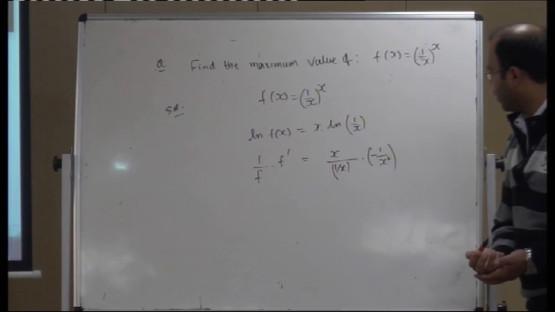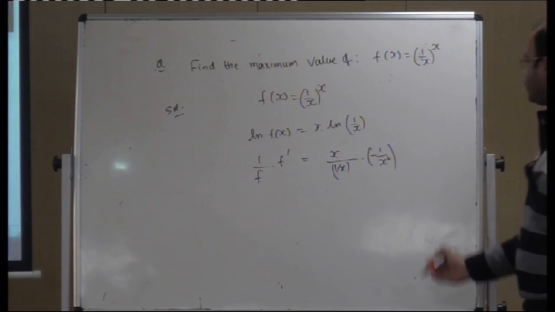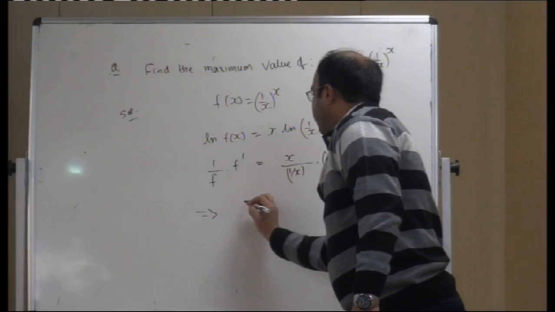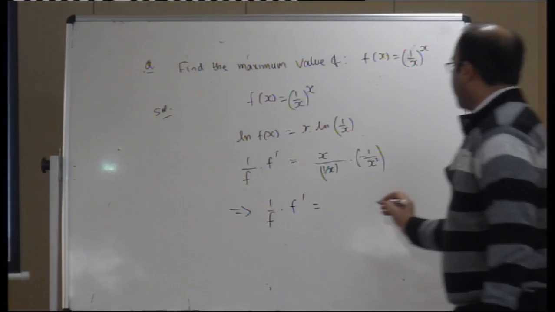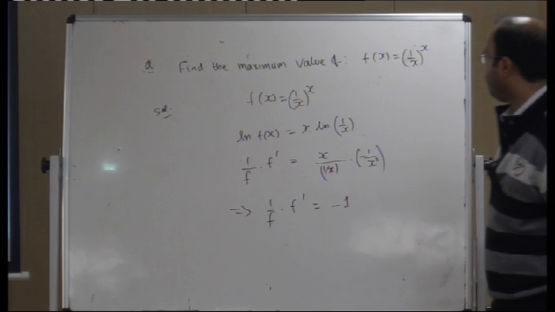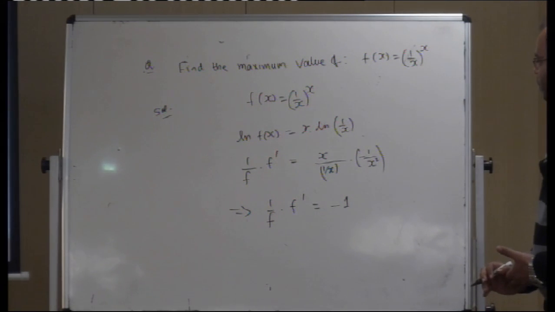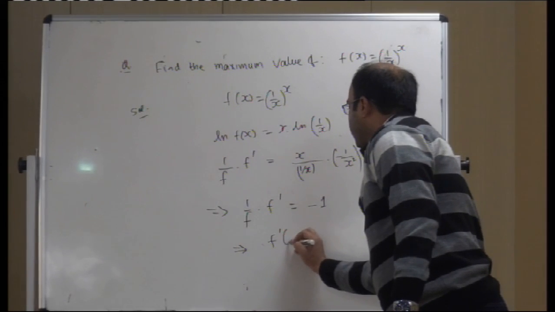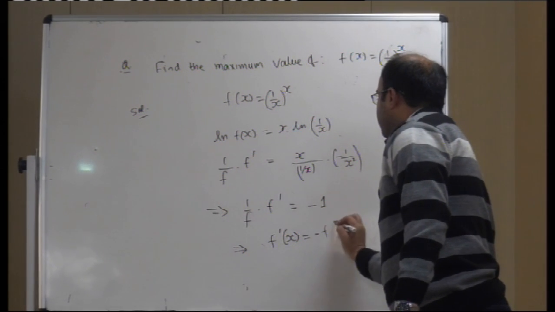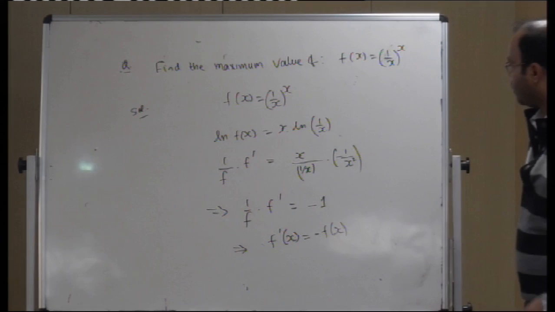I hope it is clear to everyone. Next, 1 by f into f dash equal to, this would become minus 1. So you have f dash x equal to minus f(x). This part you have got here.